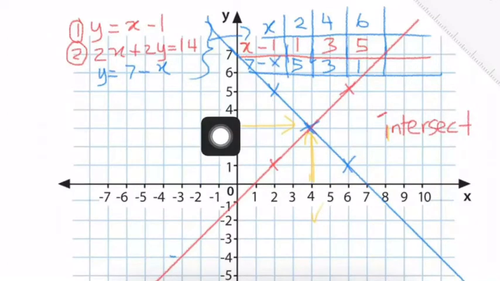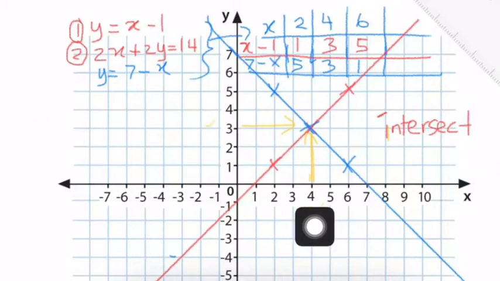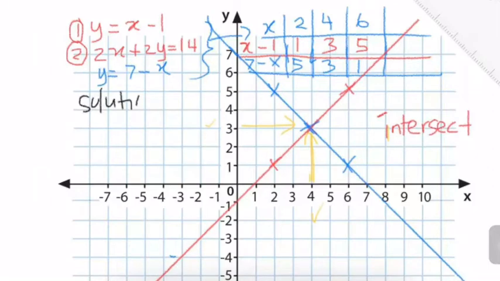Jadi penyelesaiannya ialah okay, dia ada satu je lah penyelesaian. The solution is x equals to 4 and y equals to 3. Can you understand, class?